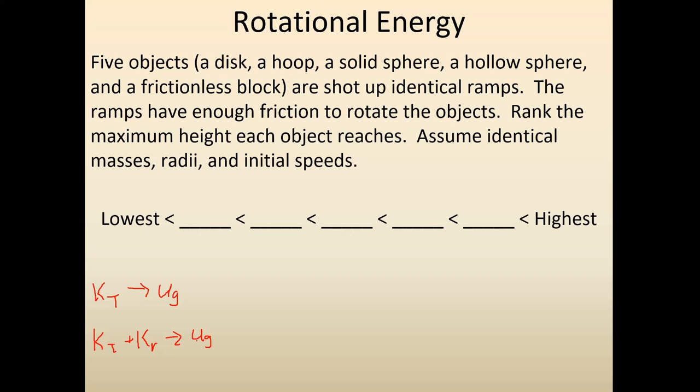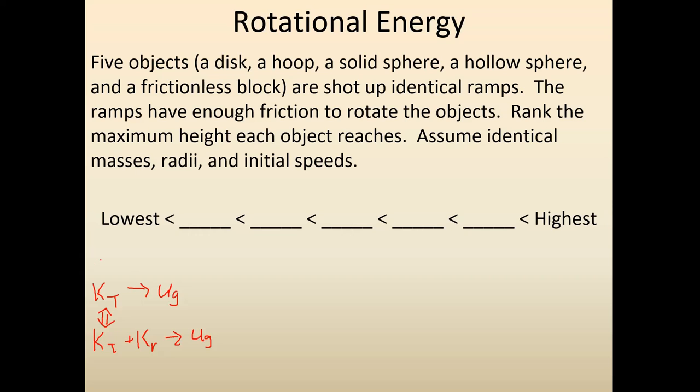Unlike last time, where they had the same gravitational potential energy, which was being split between the two kinetics, this time the number that's the same is their kinetic energy. So all five objects, because they're starting with the same initial speeds, have to be starting with the same translational kinetic energy.